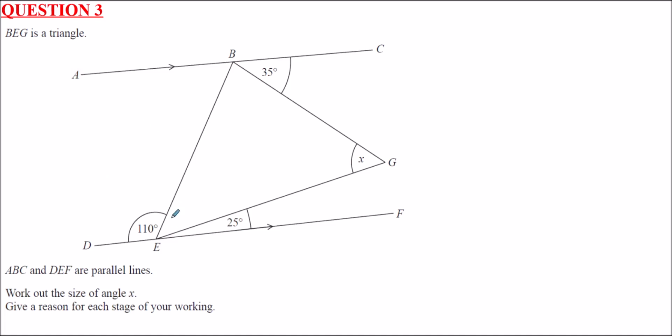So we're told DEF is parallel to ABC, and DEF is therefore a straight line in its own regard. We know that angles on a straight line add up to 180, so we can work out this one. So this angle here is BEG. So let's write down what BEG is. So BEG must be 180 minus 110 minus 25.